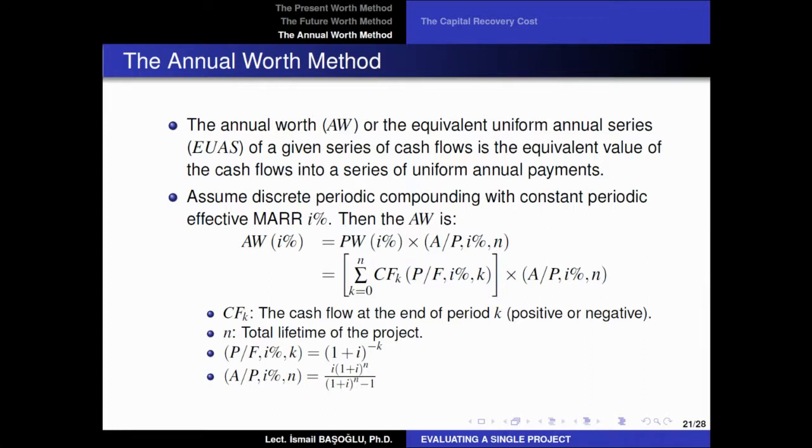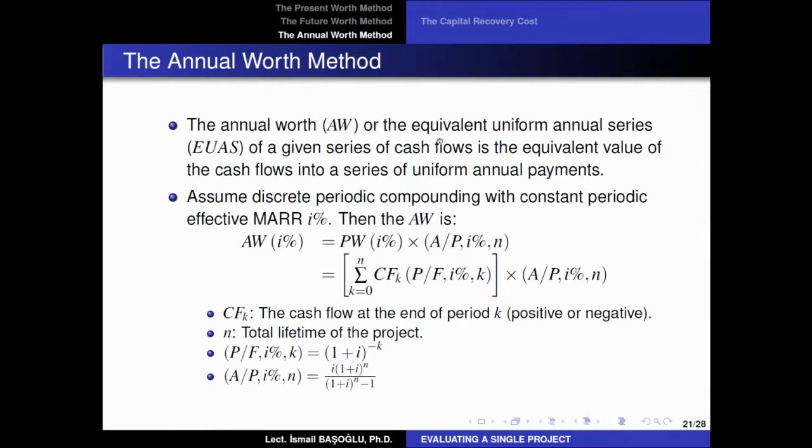The annual worth, or the equivalent uniform annual series, so we have two names for the annual worth. We can call it annual worth, or another terminology that is used for annual worth is equivalent uniform annual series, which is abbreviated as EUAS.